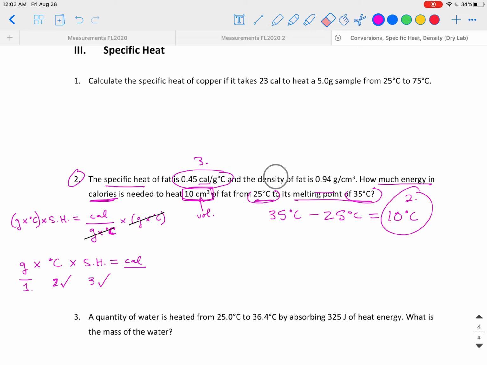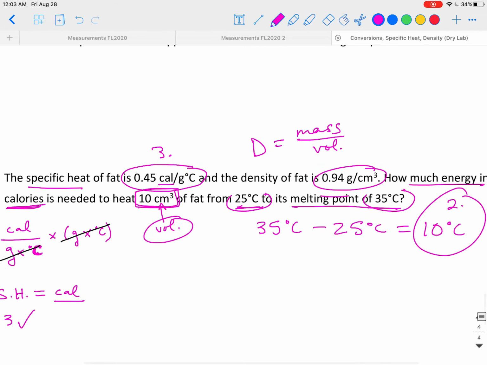So if you look at this, what is density? Let's remind ourselves. Density equals mass over volume. Well, I'm given a volume and I'm given a density. Can I solve for the mass? Yes, I can. If we rearrange this equation the same way we did our specific heat equation, we're going to get mass by itself. That's what we're trying to do. So multiply both sides of the equation by the volume.